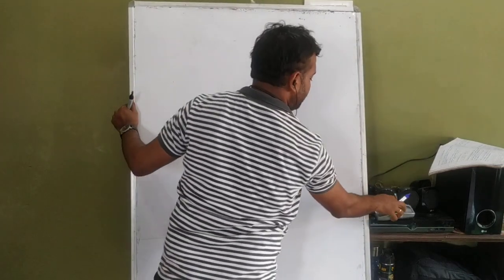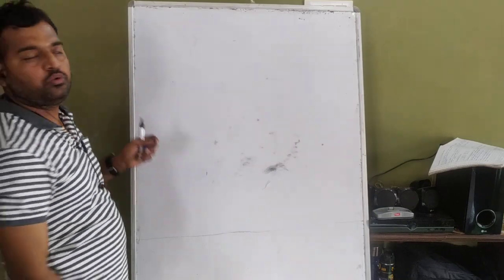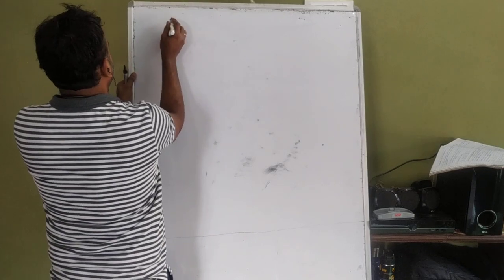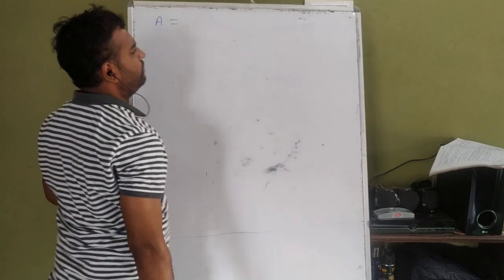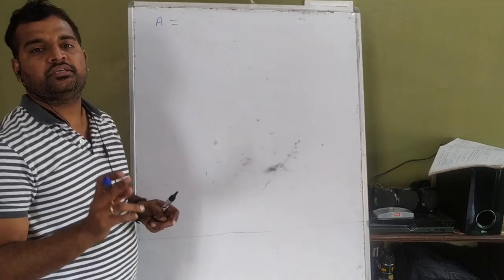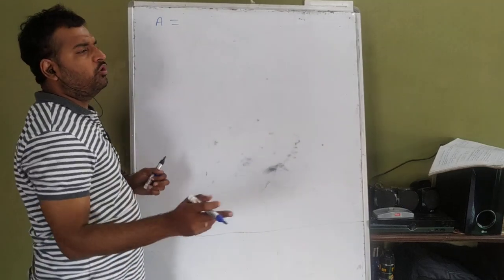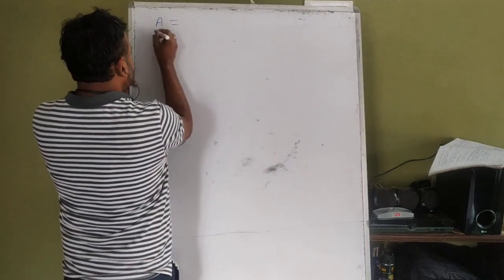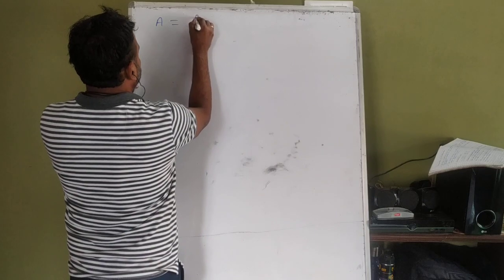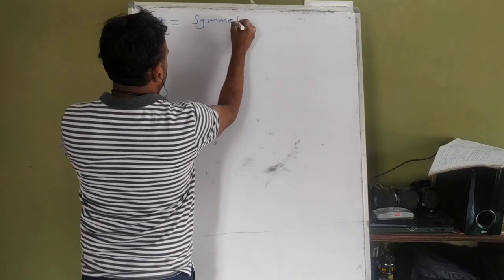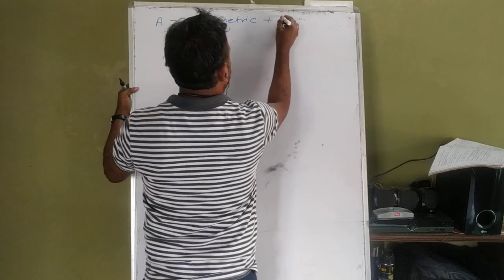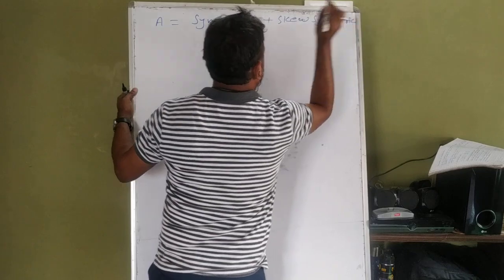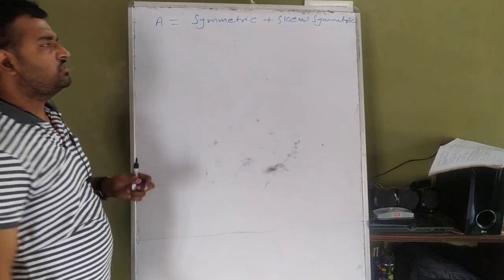Now the third very important point. Let A be a square matrix, and every square matrix can be written as the sum of a symmetric and a skew symmetric matrix. This is the theorem here.